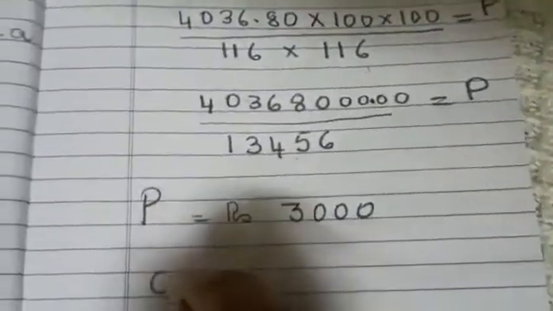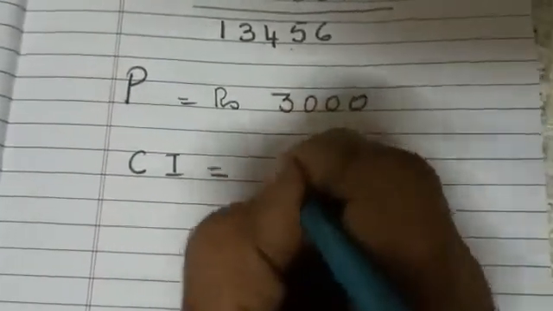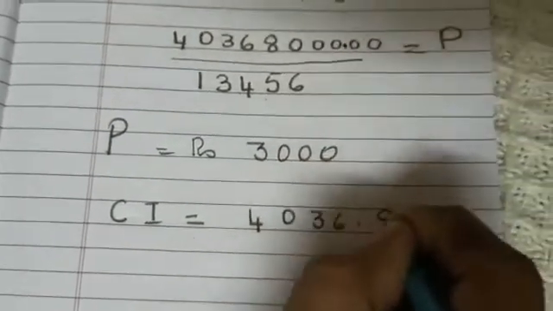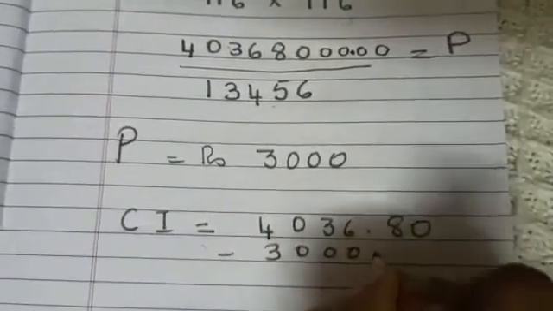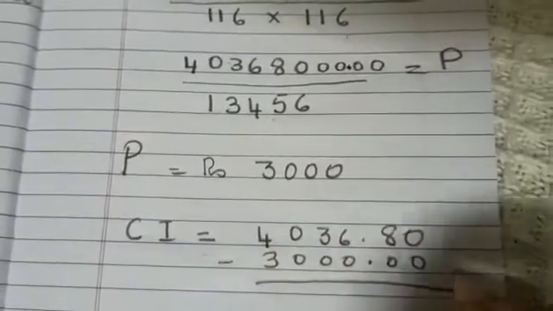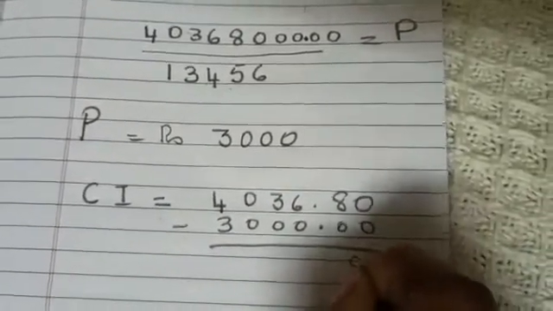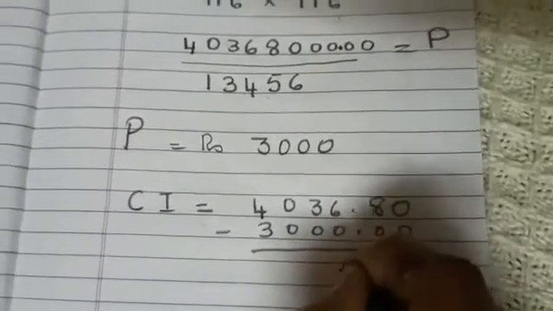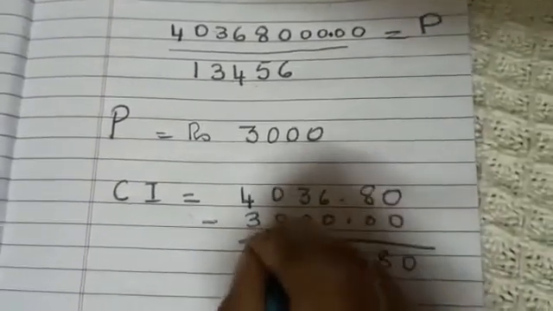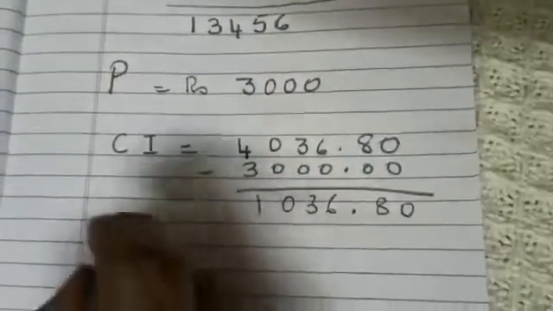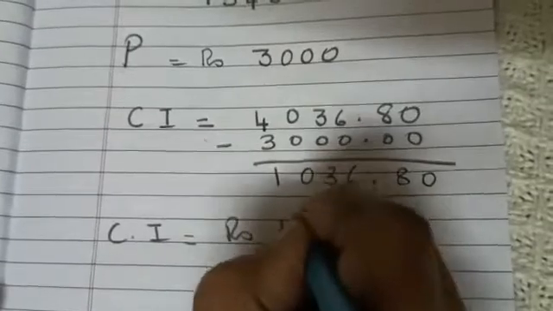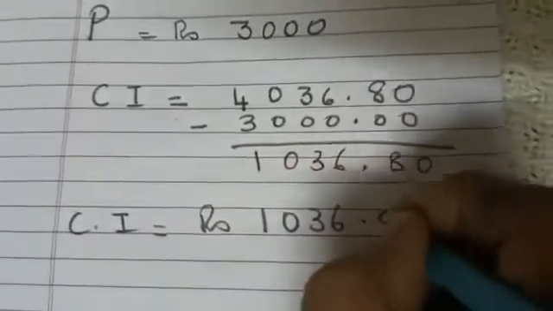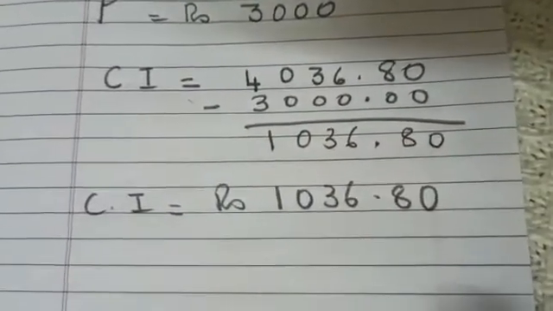So the compound interest is equal to the amount minus the principal, and when we subtract the two, we get the compound interest equal to rupees 1036.80 paise.